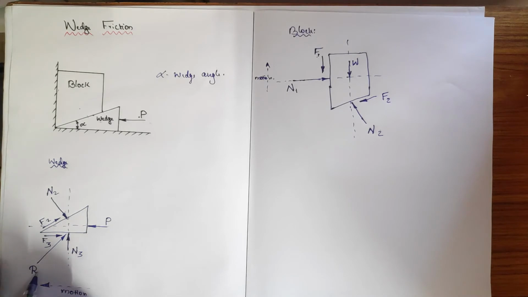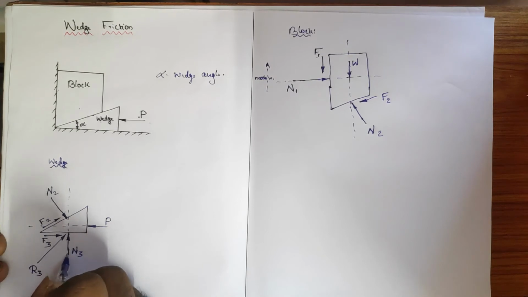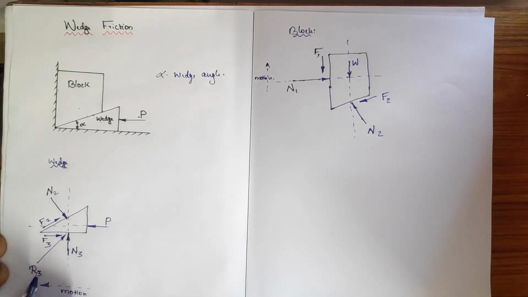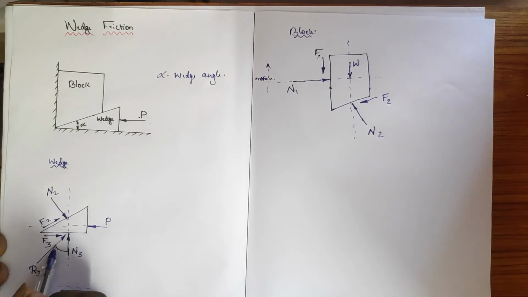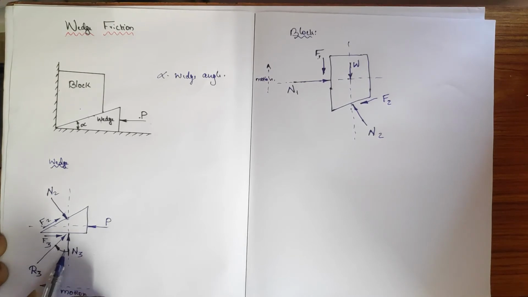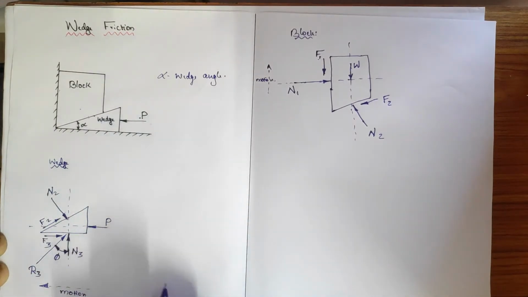So if I take the resultant force for the friction and normal, I can say here will be the resultant. This resultant is R3, and it has been derived and proven that the angle between the resultant and the normal is phi, which is called the friction angle. Phi is the friction angle, and this friction angle formula is phi equal to tan inverse of mu.